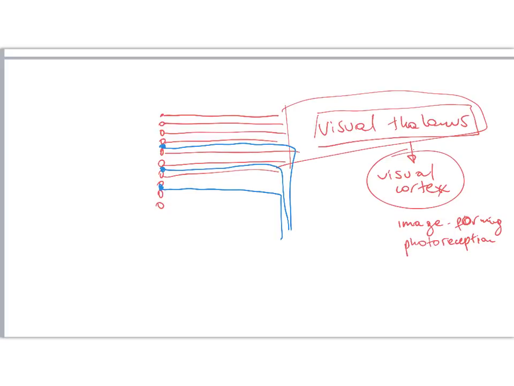They go to these other centers like the SCN, the OPN, olivary pretectal nucleus, the IGL, and some other areas of the brain that we're still learning what they do. So this is a much smaller percentage. However, these cells that project to these areas are the ones that are responsible for non-image forming.